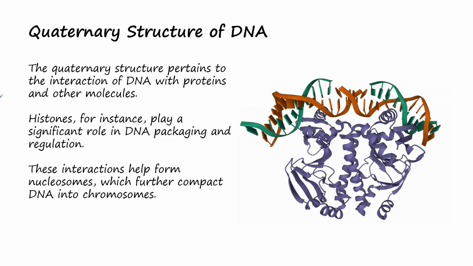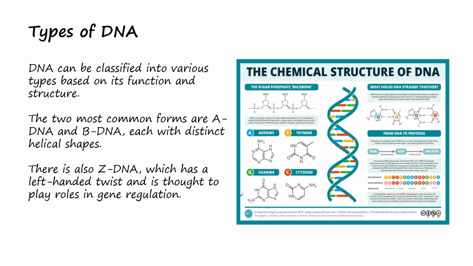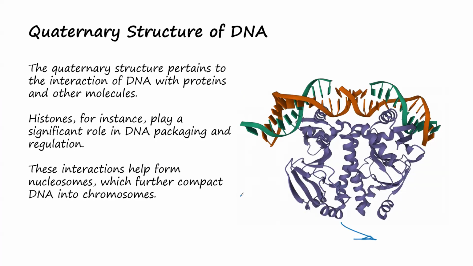So in a quaternary structure, nucleosomes are generated. That is what we have in the case of quaternary structure. So these are the four levels of DNA structure, starting from primary, secondary, tertiary, and quaternary structure.